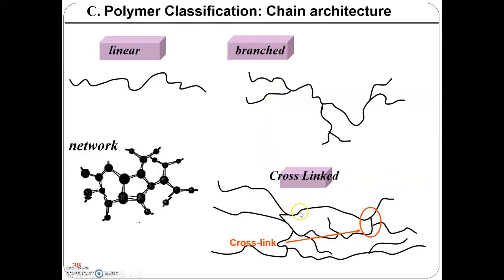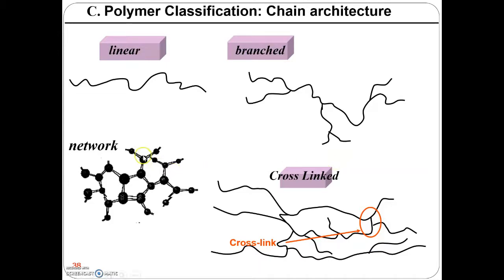If the monomer units are joined in multiple chains and form interconnections between chains, these interconnections are named cross-links. Usually they are covalent bonds. Thus, cross-linked polymers are made.